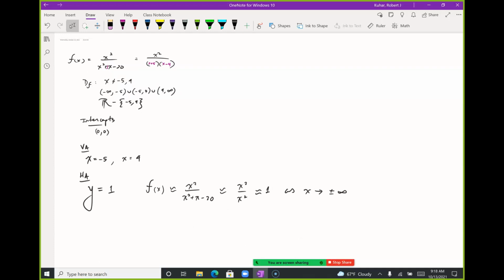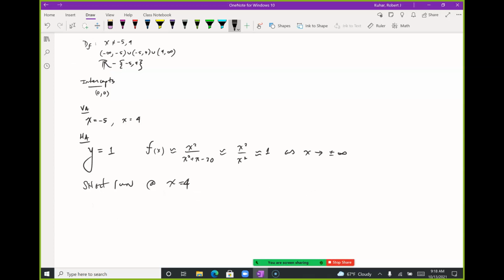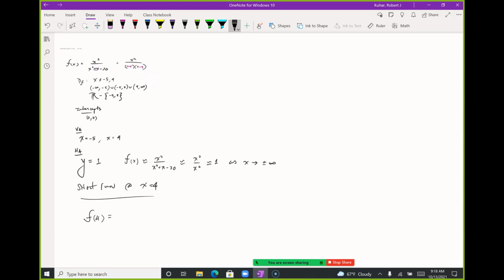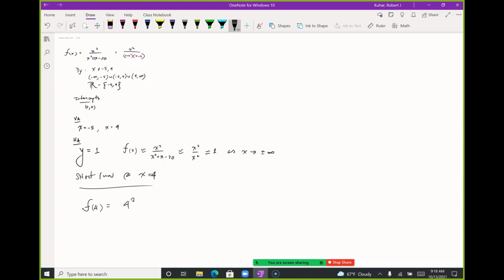Let's see, what else do we need? Short run, let's say short run at 4. So I'm going to use my factored form to get f of 4. 4 squared over 4 plus 5 times x minus 4.